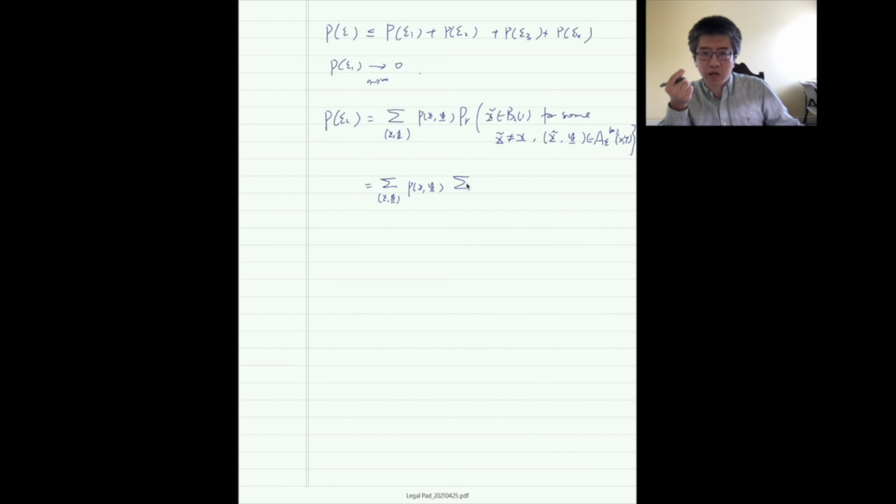So we need to sum over all the possible x tilde, where x tilde is not equal to x, and x tilde and y are in the jointly typical set for a fixed y. That's precisely the definition of the conditionally epsilon typical set. It means that x tilde is not equal to x, and x tilde is in the conditionally typical set.